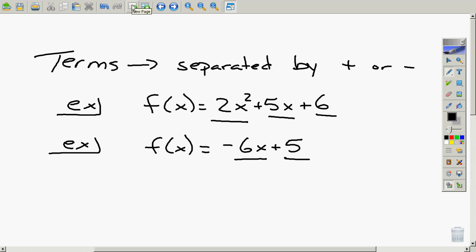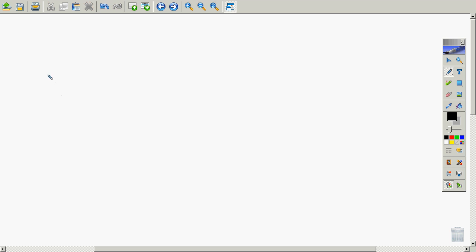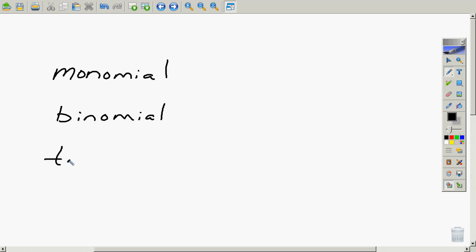Now there's three things that you should have gotten from the activity that we did. You should now know what a monomial is, you should know what a binomial is, and you should know what a trinomial is. That all has to do with the terms. A monomial has one term.